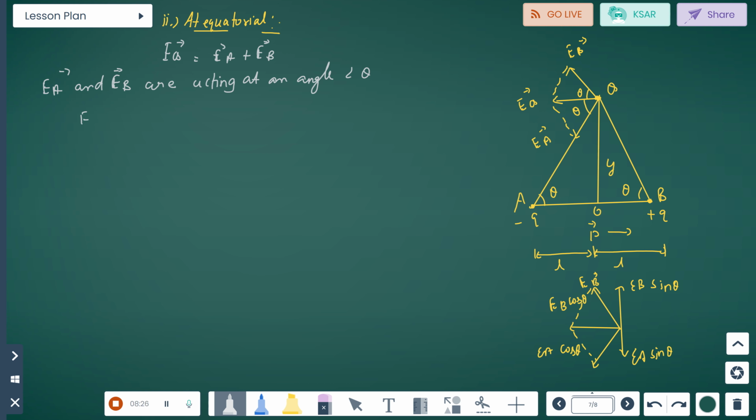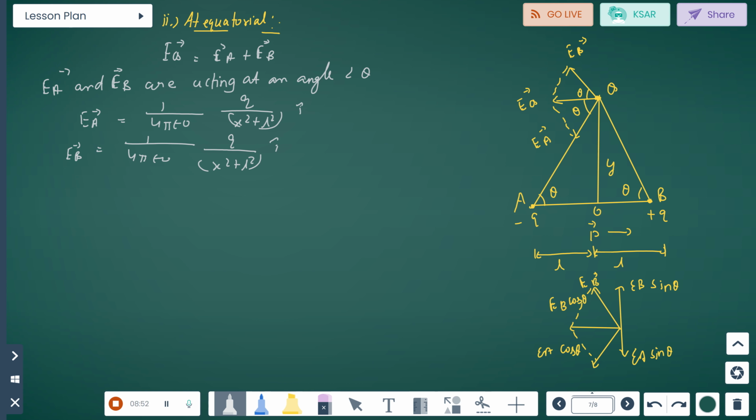Therefore, we have EA vector 1 by 4 pi epsilon naught Q by (x square plus L square), I vector. Similarly, for B, 1 by 4 pi epsilon naught Q by (x square plus L square), I vector. Both are the same.